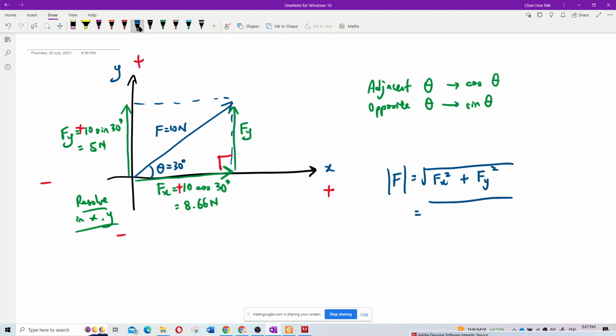You try 8.66 squared plus 5 squared, and then take the square root of the answer. I get 9.9998 Newton, which is 10 Newton again, isn't it, class?